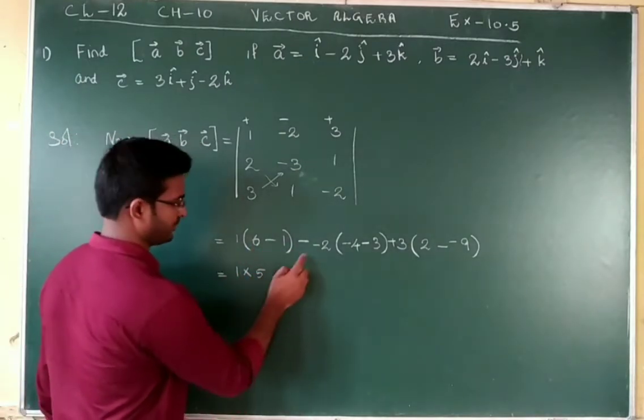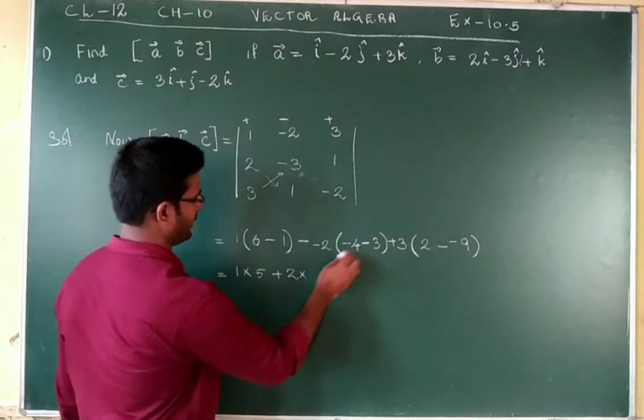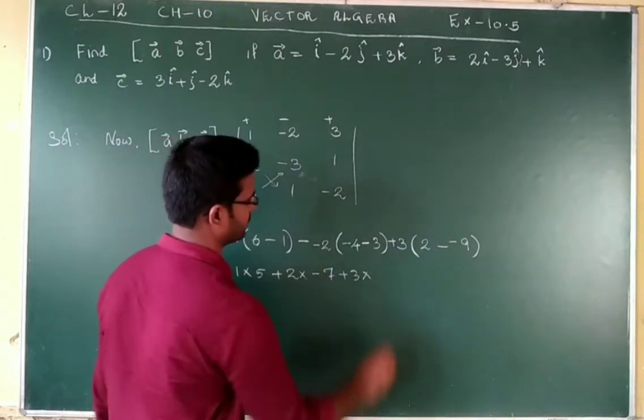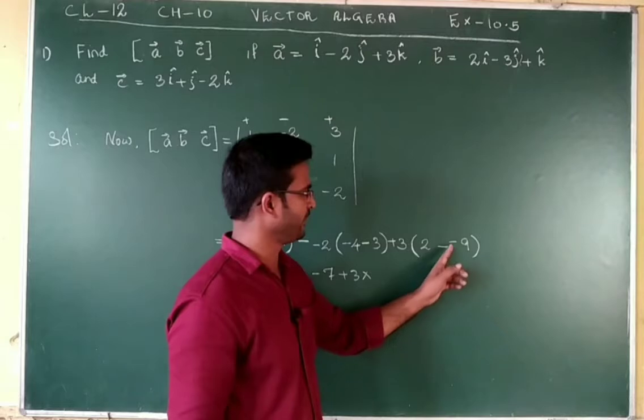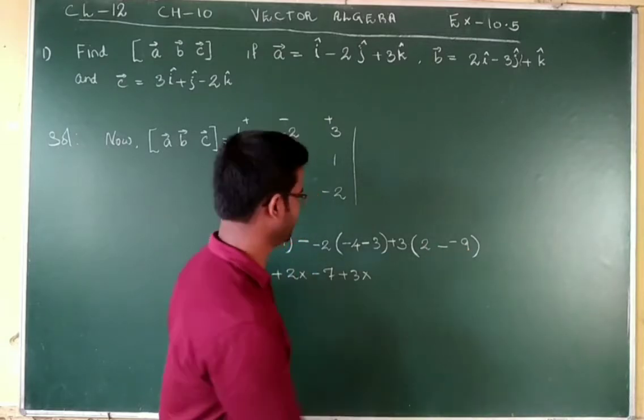Minus into minus 2 into minus 4 minus 3 is minus 7. Plus 3 into 2 minus minus 9; minus into minus gives plus, so 2 plus 9 is 11.